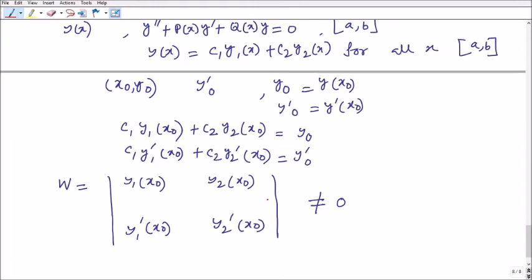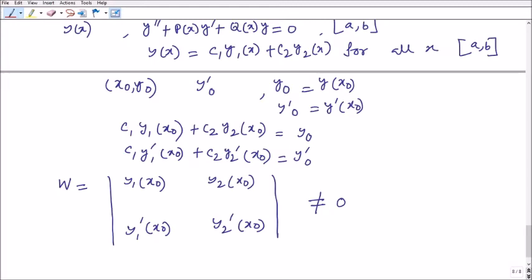So C1 and C2 can be determined only when this determinant, that is the coefficients y1, y2 and y1 dash, y2 dash, is not equal to 0.